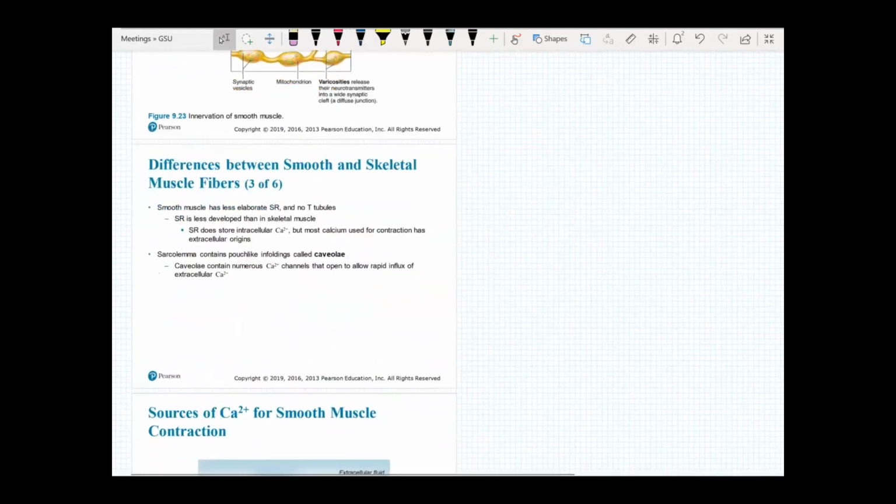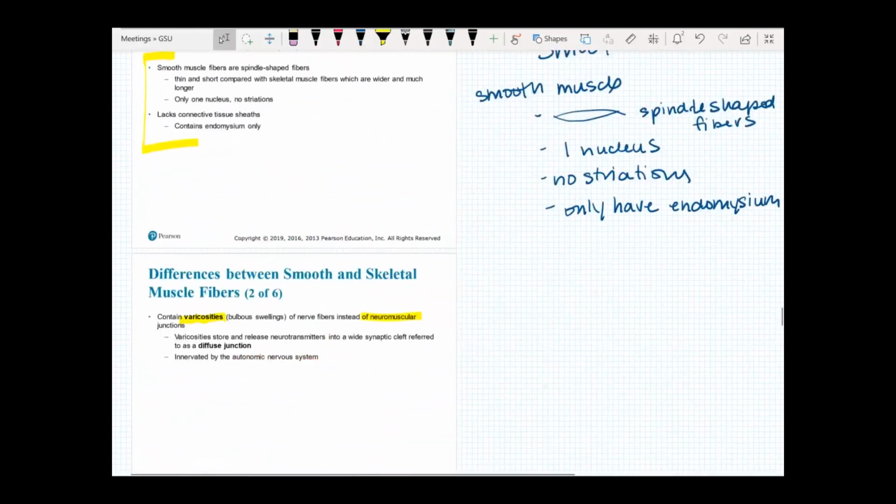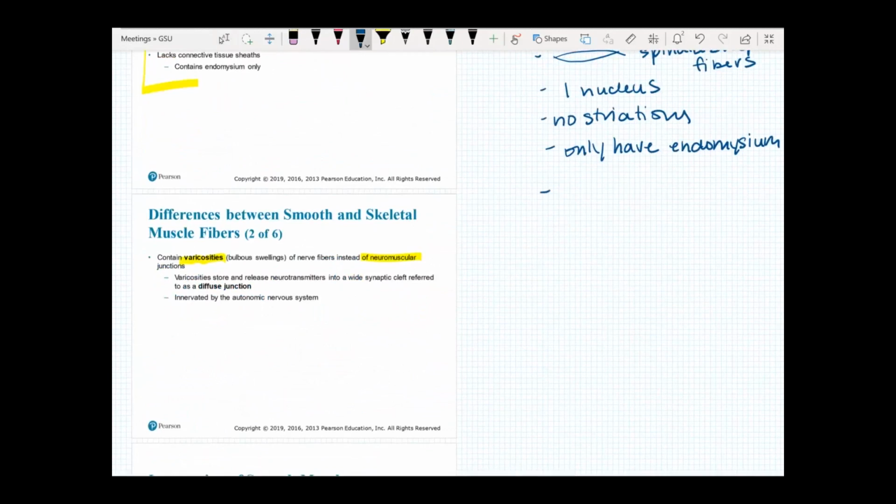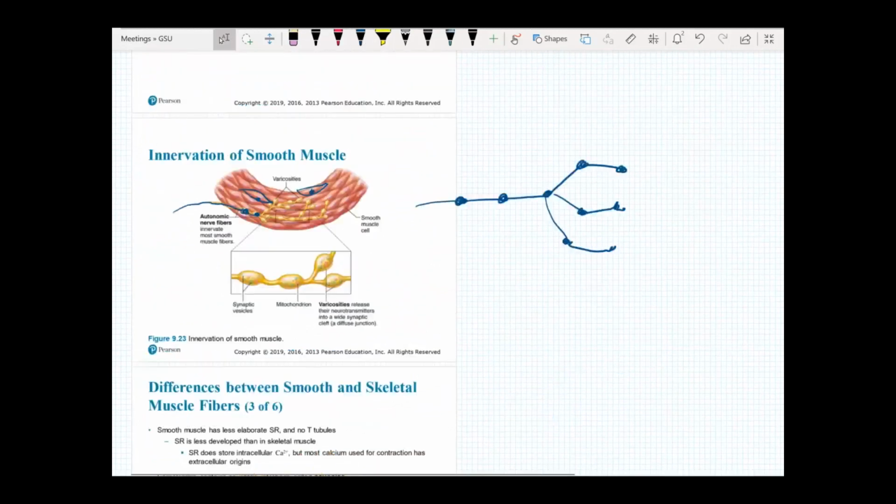smooth muscle. Another difference between our smooth muscle and our skeletal muscle is that, so we're just going to keep adding to this list right here, our smooth muscle is going to have no T-tubules and a less elaborate SR. So it's not going to have the crazy triad that a skeletal muscle will have. It does have a sarcoplasmic reticulum and it does store calcium, but calcium is going to be used slightly differently.